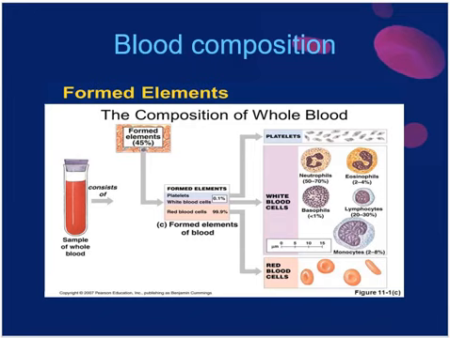The red cells, which are also called erythrocytes, are the most abundant cell in the blood. The life expectancy is anywhere from 90 to 120 days. Depending on your reference lab, a hemoglobin for a female is anywhere from 12 to 16, and for men, anywhere from 14 to 18.